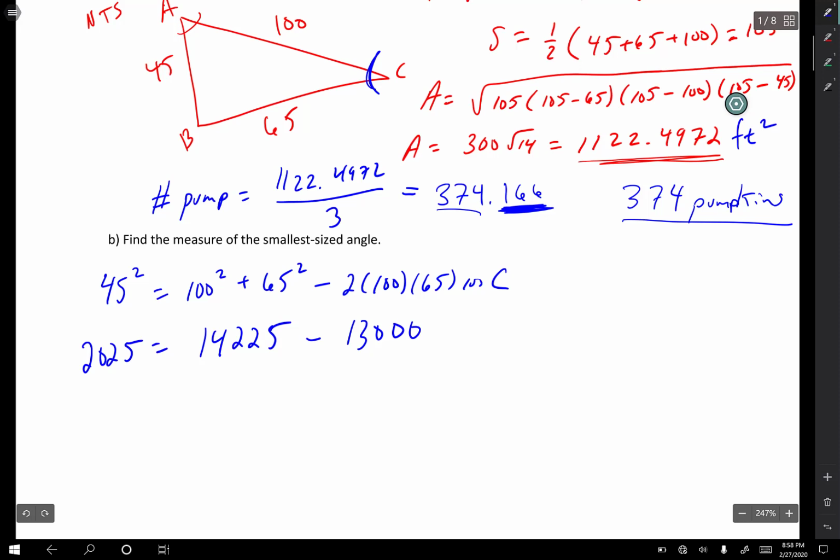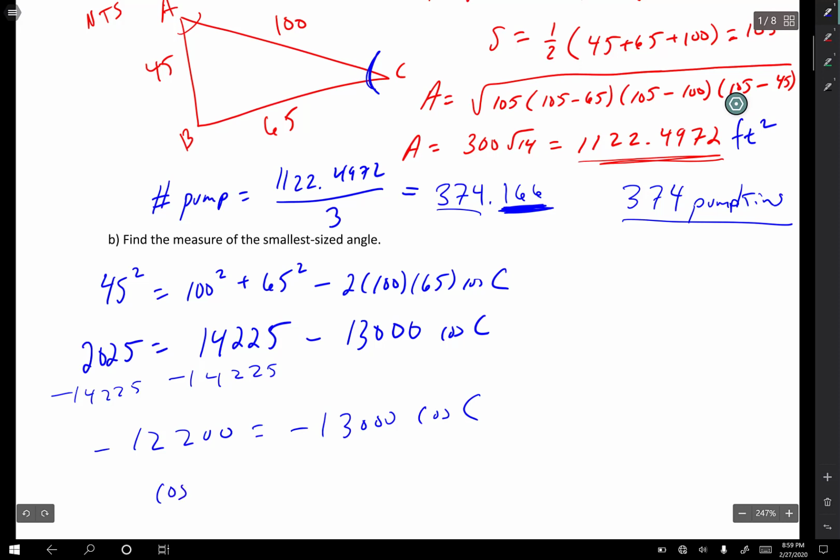13,000 cosine C. So the first thing you do is you're going to subtract the 14,225, guys. So you're going to get negative 12,200, because that's just 2025 equals a negative 13,000 cosine C. So now we're just going to do negative divided by negative, which is a positive.